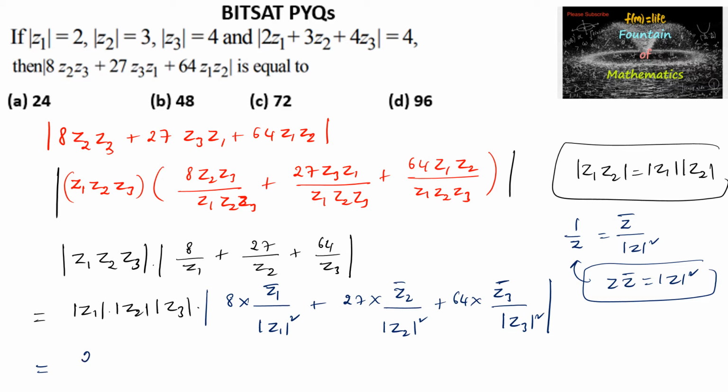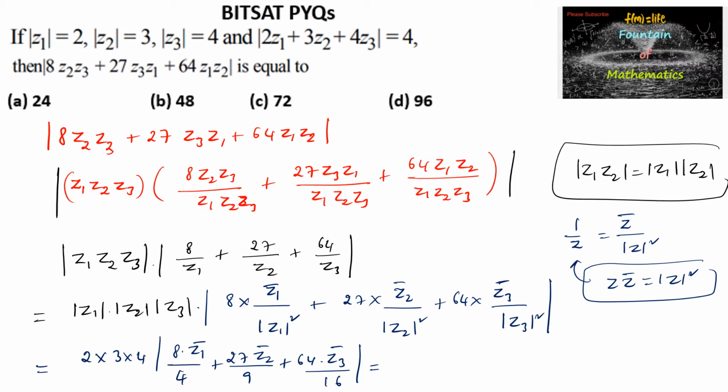Mod z1 value is 2, z2 value is 3 and z3 value is 4, so 8 times z1 bar divided by mod z1 square is divided with 4, and 27 times z2 bar divided by mod z2 square is 9, and again here 64 times z3 bar divided by mod z3 square is 16.